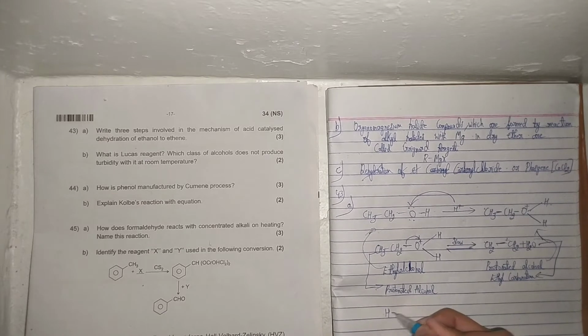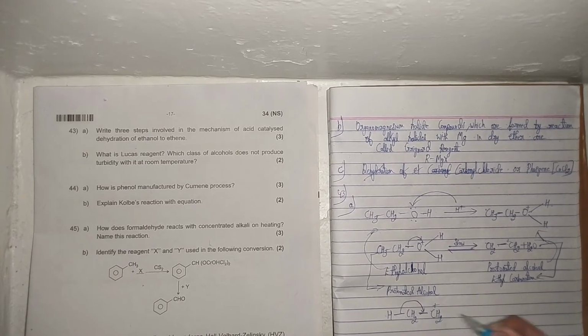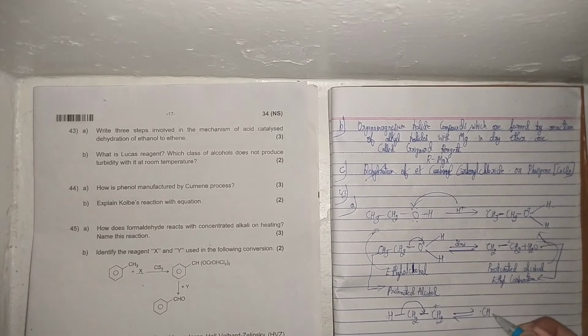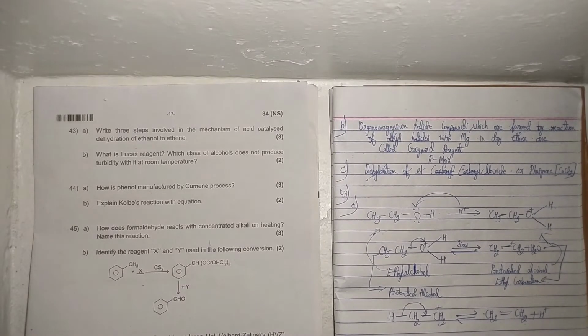Finally, the final reaction: CH3CH2+ goes to CH2=CH2 plus H+, reversible. This is the final step.